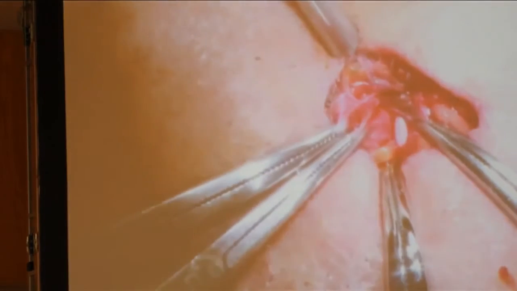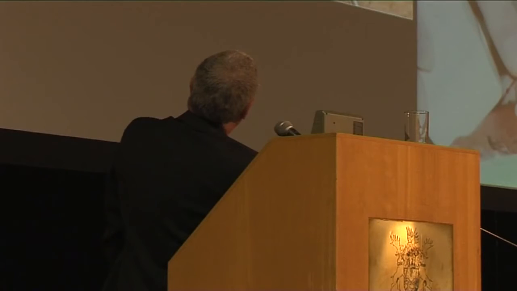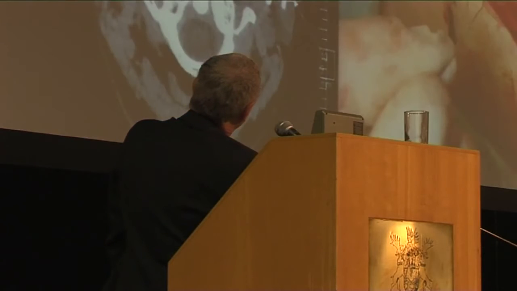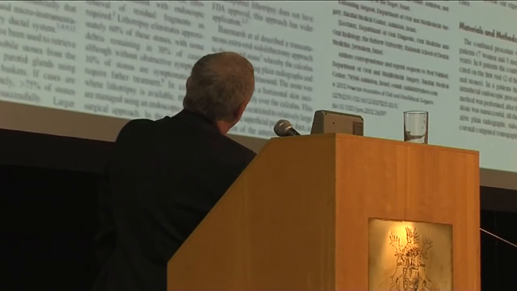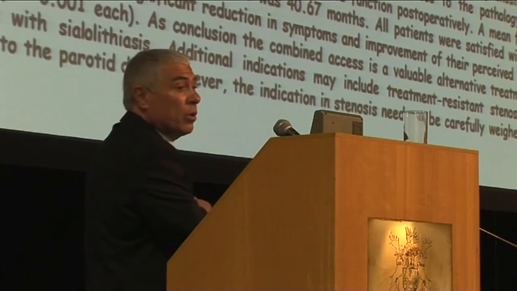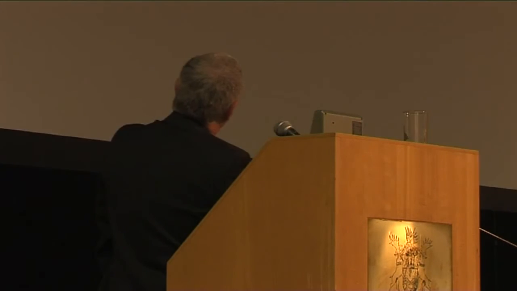Removal of the stone, stent insertion, very important, and closure of the duct. Stent in the CT and the final result. If we don't have a patent duct, we can use ultrasound and a biopsy guide, as you can see here. With a biopsy guide, we can remove the stone. And this is the stone. And we published it in the international journal, and also Zenk and Iro published it.